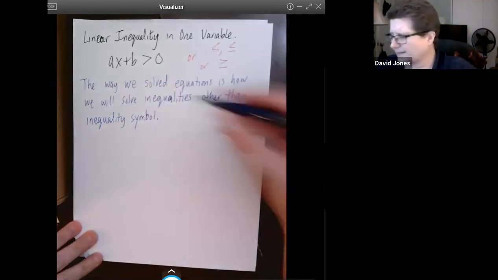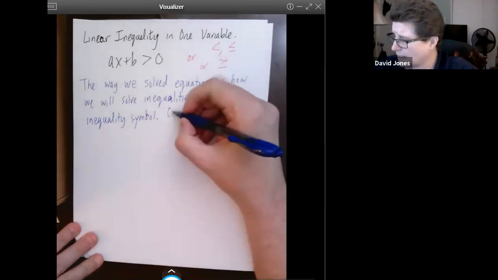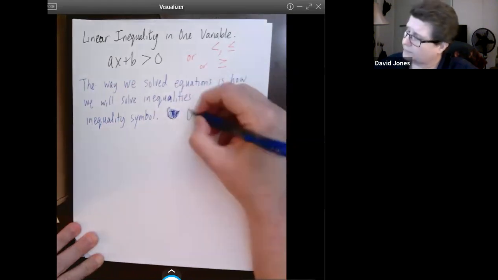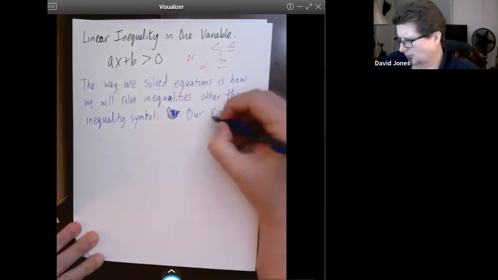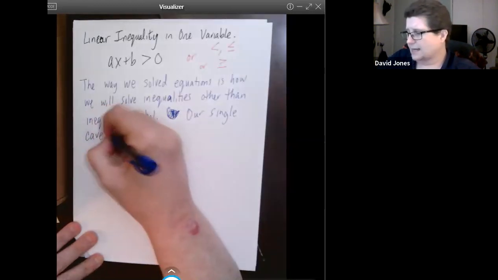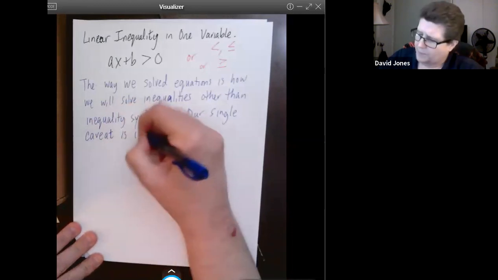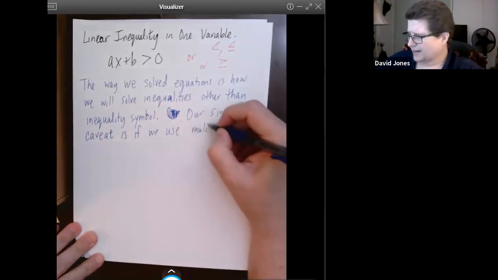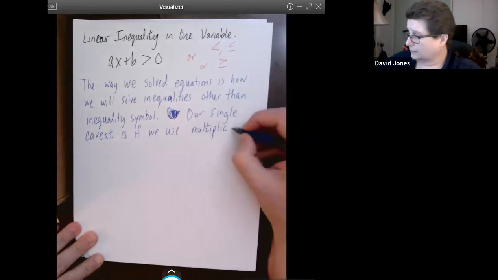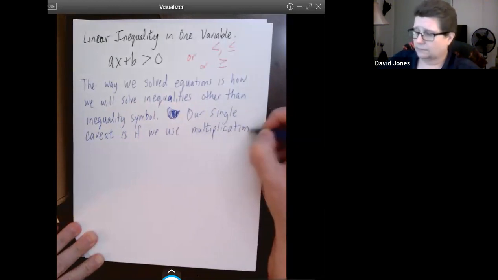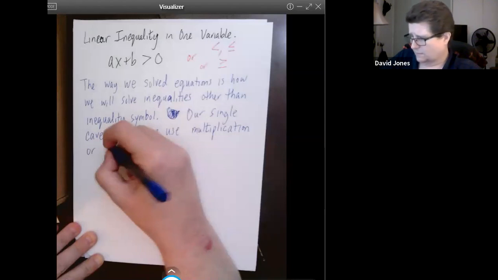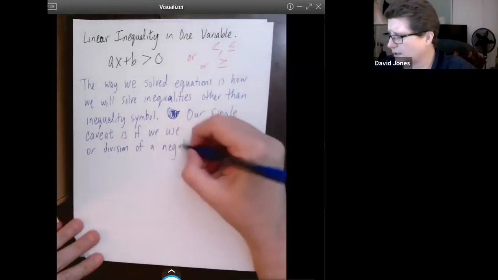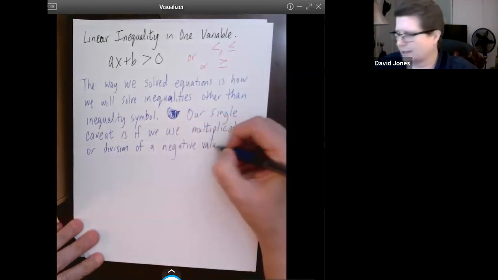And our single caveat, our single difference, is if we use multiplication or division of a negative value, we flip the inequality.